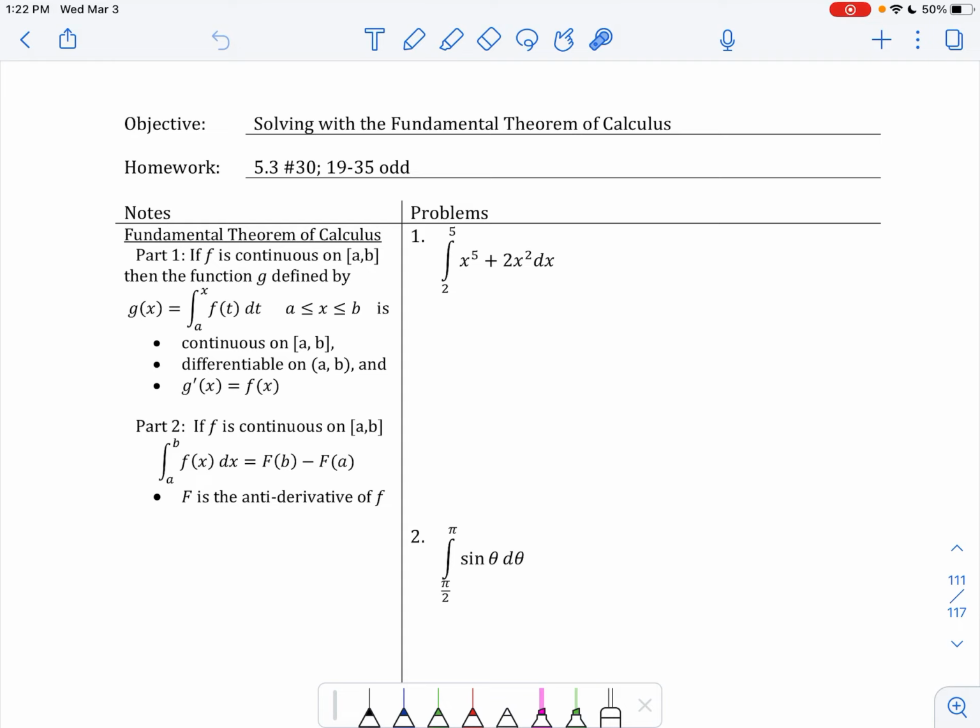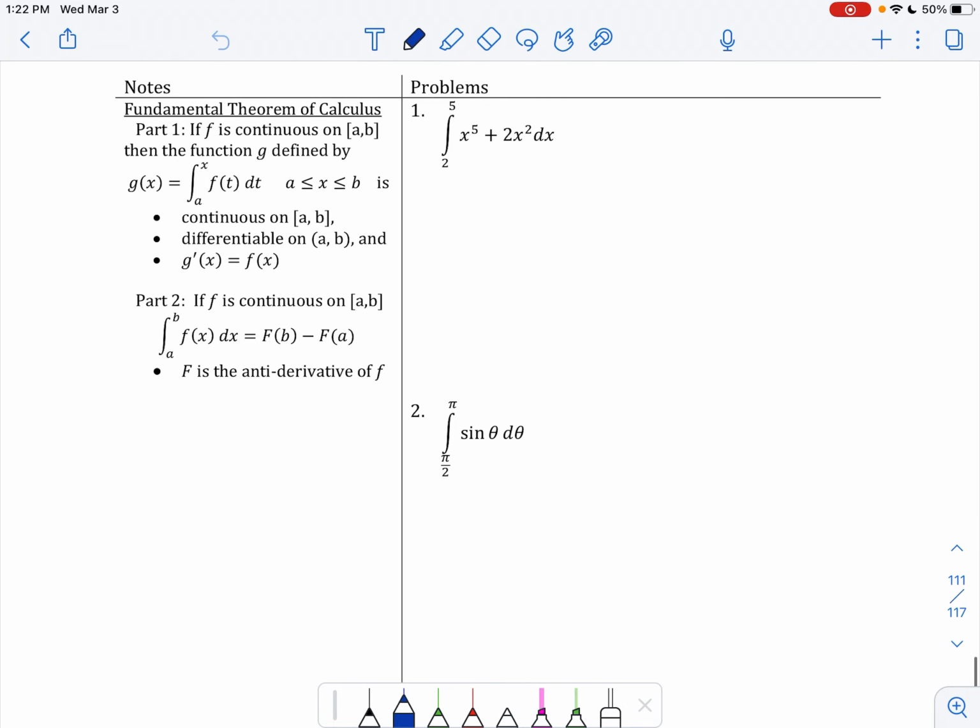So this now gives us an ability to integrate a bunch more problems, ones that we wouldn't know exactly how to find the area for just by looking at them and using our geometry formula. Because x to the fifth, for example, doesn't have a lovely shape that's a circle, a triangle, a rectangle.